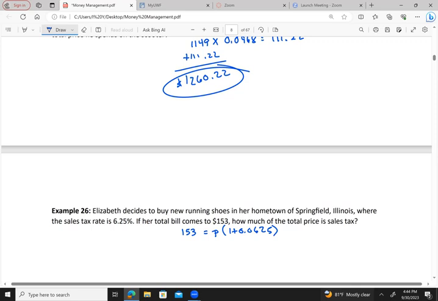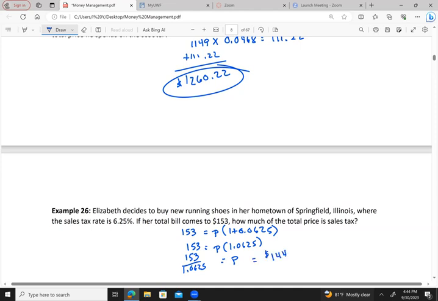So again, P times 1.0625 is equal to 153. So P is equal to 153 divided by 1.0625. So 153 divided by 1.0625 gives me $144.